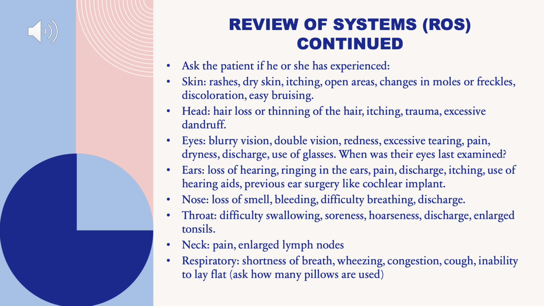Then about the head, you're going to ask about hair loss or thinning of the hair, itching, trauma to the head, excessive dandruff. For the eyes, you're going to ask if they've ever had blurry vision, double vision, redness, excessive tearing, pain in the eyes, dryness, discharge, whether they use glasses or contact lenses, and when was their last eye exam.